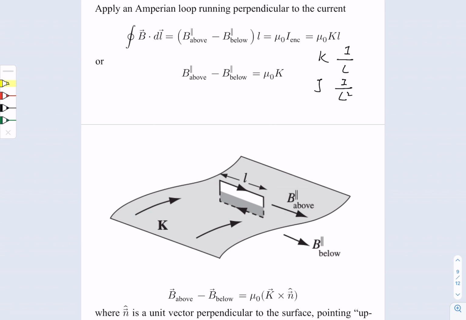So in principle, this K times L should be written down as K times L sine theta, or cosine theta, where this theta is the angle between the Amperian surface and the current.